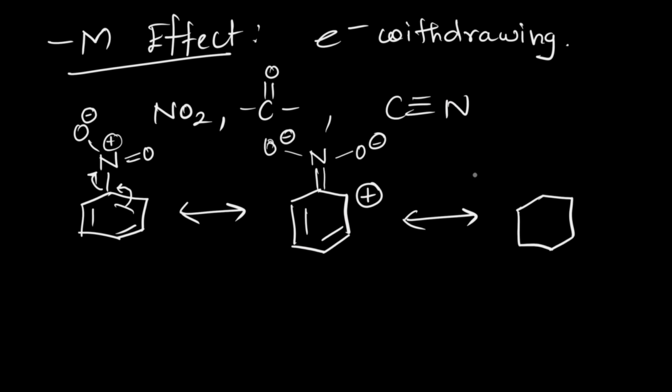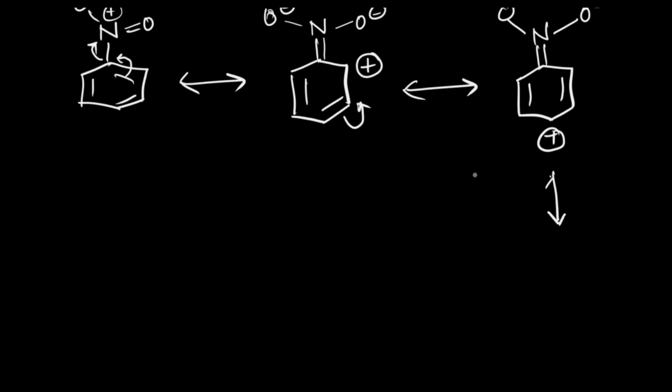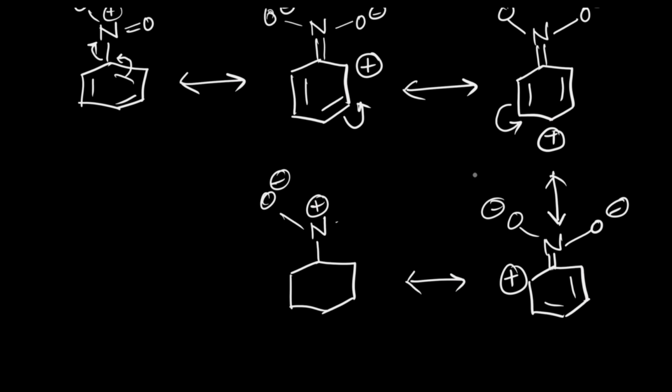Again, it will pull up the electrons, so the double bond will be placed over here and the positive charge goes to para position. Once again the resonance happens, another ortho position becomes negative, and finally it becomes positive, and here comes the double bond O. Again nitrobenzene is formed.